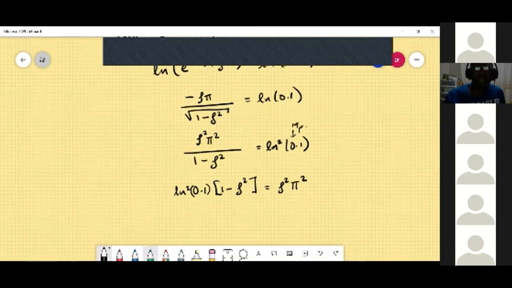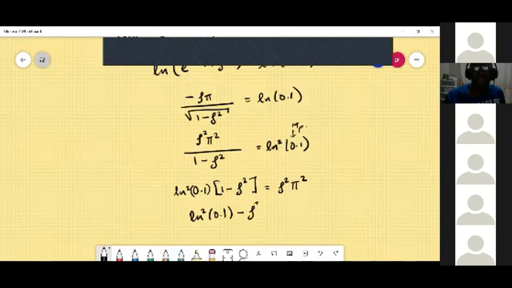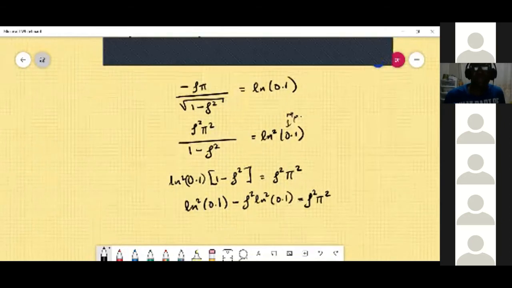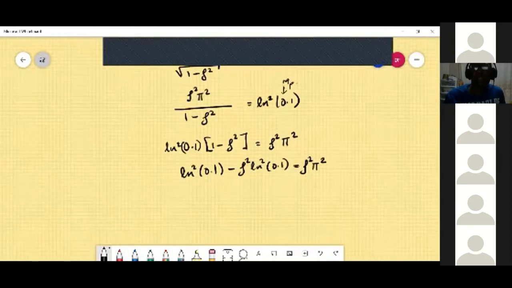So ln squared 0.1 minus damping ratio ln squared 0.1 is equal to damping ratio squared pi squared. So carry this across here.